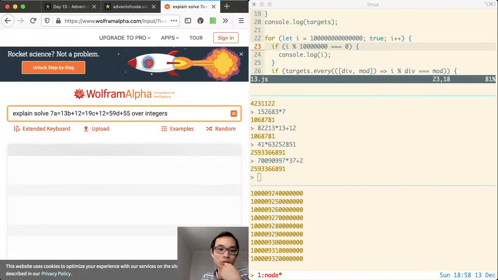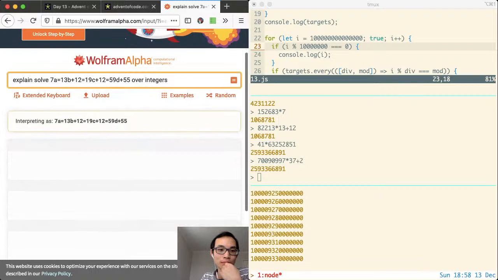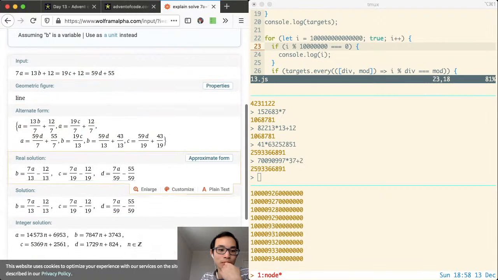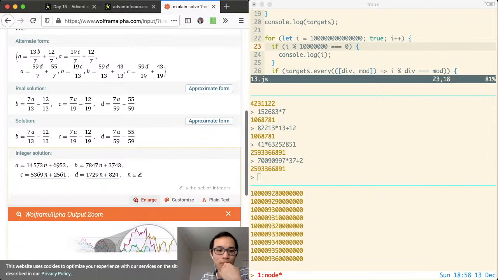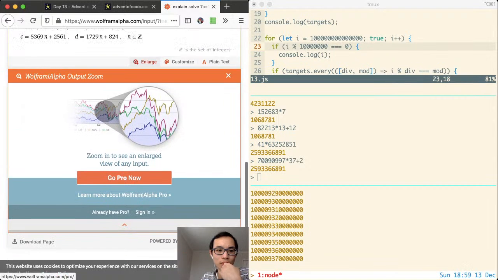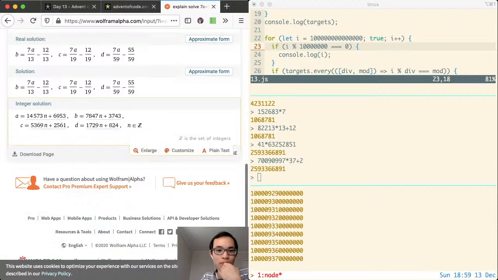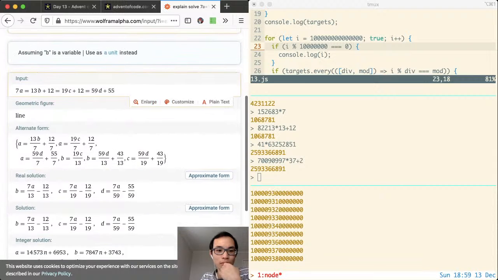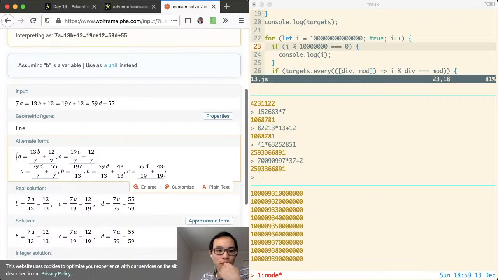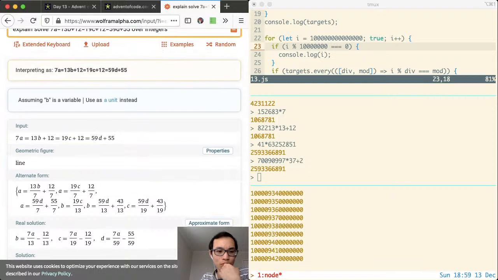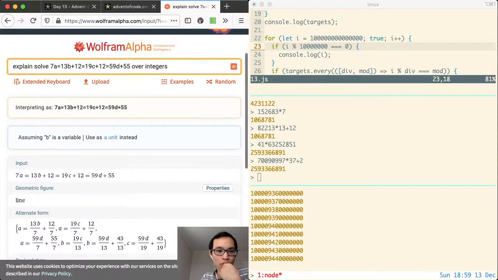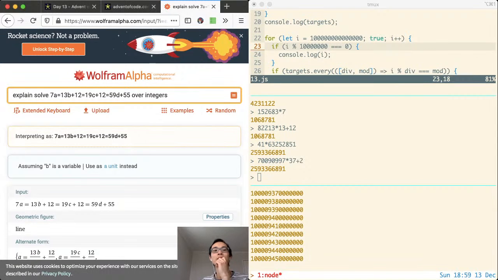Show me how to get integer solutions? I might just have to give up on this. Oh, I'm gonna be so dissatisfied.